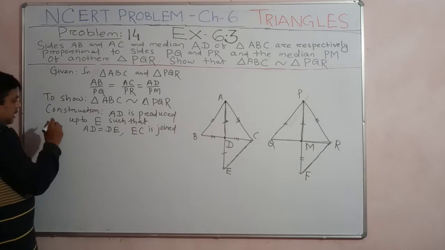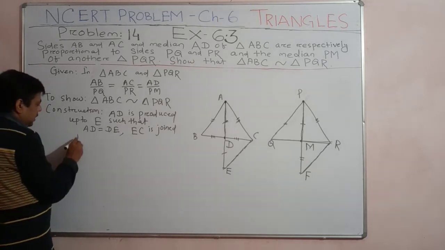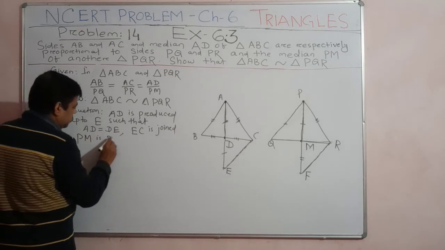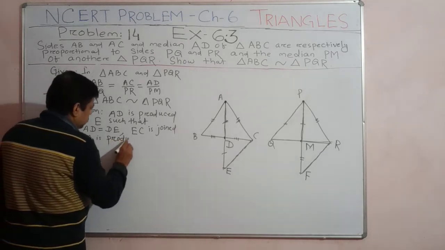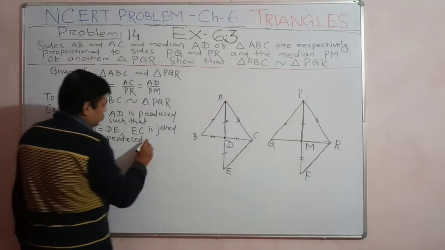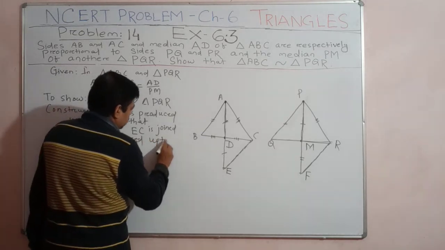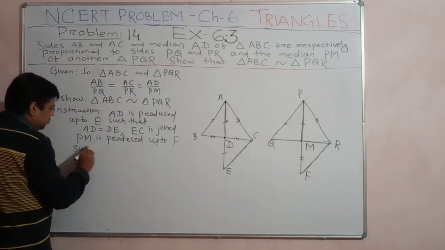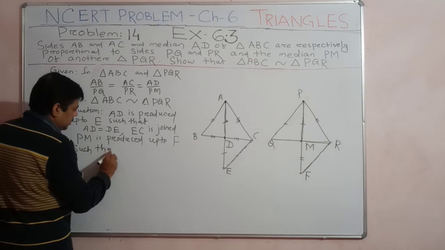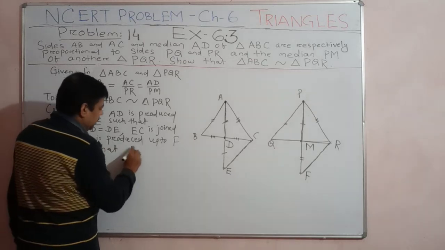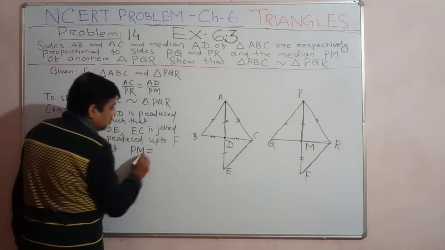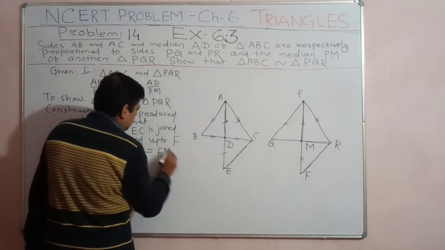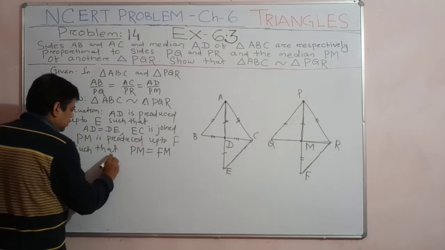Similarly, in triangle PQR, PM is produced up to the point F, such that PM is equal to FM, and FR is joined.